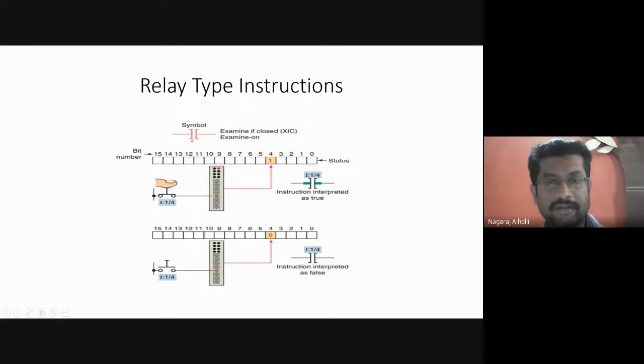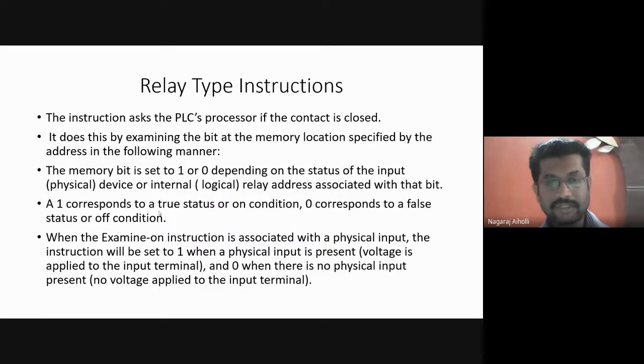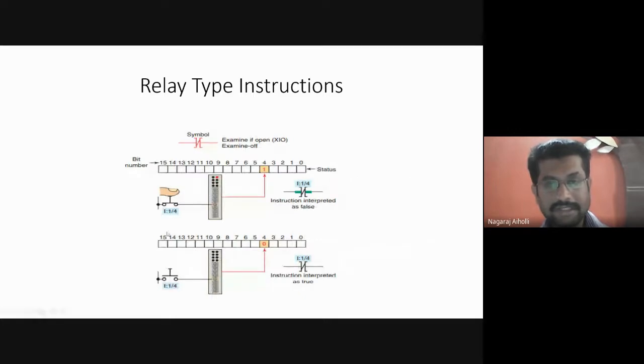That means this examine if open has the function opposite to that of examine if closed. The meaning of opposite function is that if the switch is pressed, that is considered as the false condition. It is interpreted as false. That is a green one because it is examining if open. Correct? That is considered as the false condition.